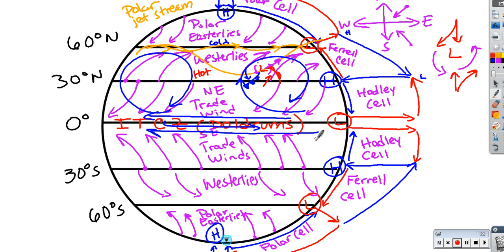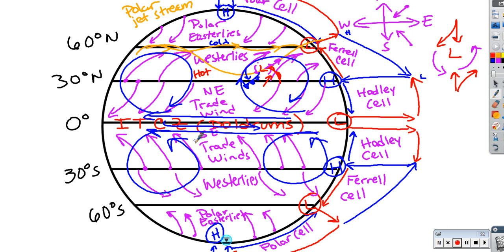And so when this current in the Atlantic encounters South America, it forces it to go this way, and we get a counterclockwise gyre in the southern Atlantic. And similarly, when we get towards Australia, we'll get a counterclockwise gyre as well in the southern Pacific.